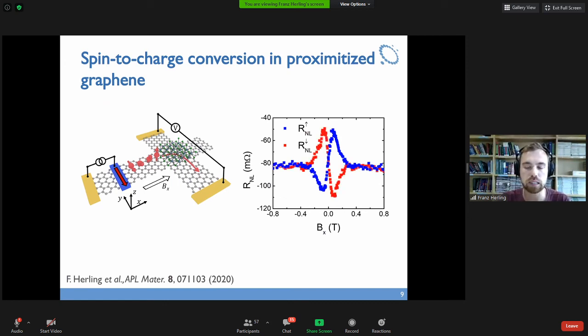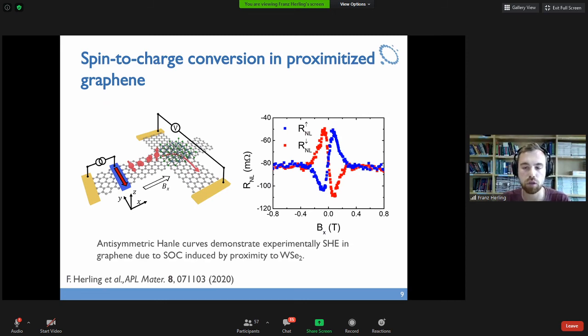So you get this clear antisymmetric Hanle shape that is very different to the one that we measure in our reference lateral spin valve. And this is a clear experimental sign of the spin Hall effect inside of graphene due to the proximity-induced spin-orbit coupling by the tungsten diselenide.